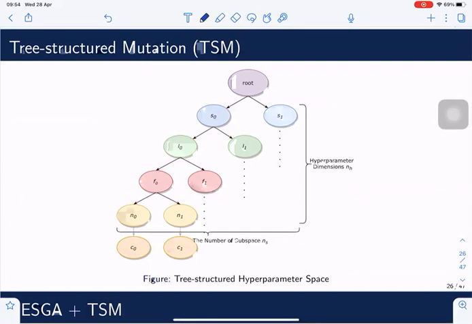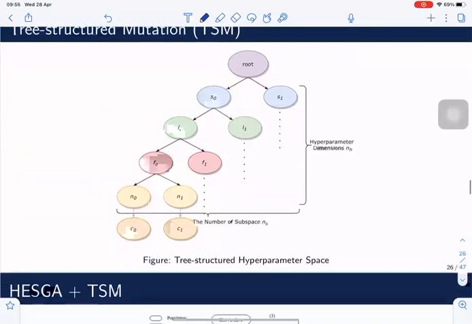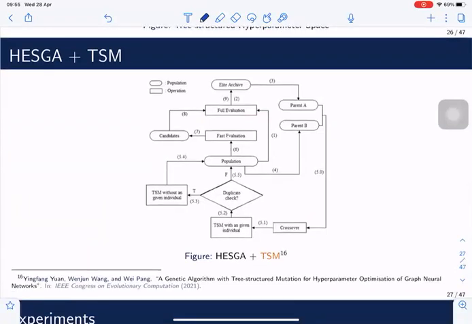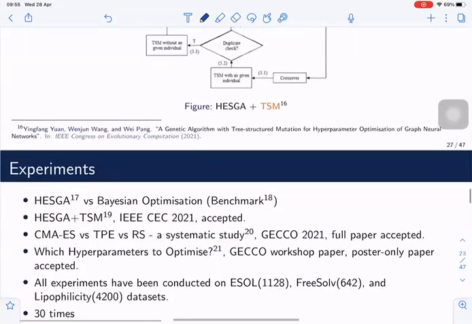We use the tree to record the information during the evolution, and also use the information recorded in the tree to guide the further mutations. And this is the diagram of the process of our HISCA with TSM.